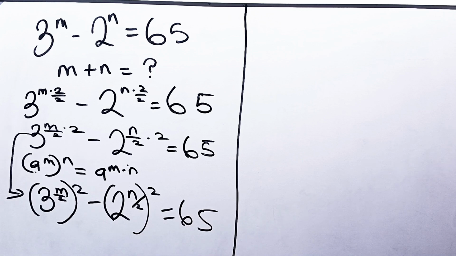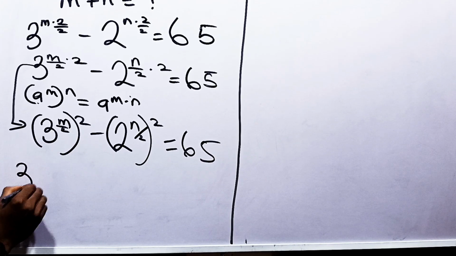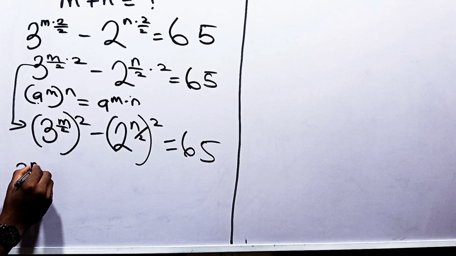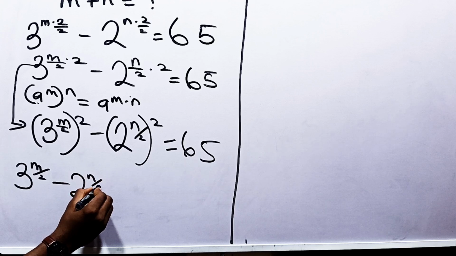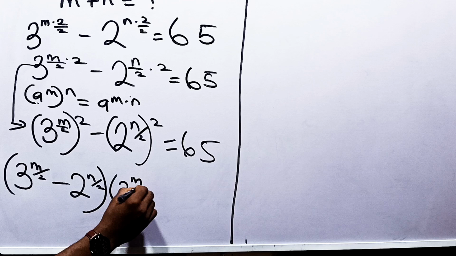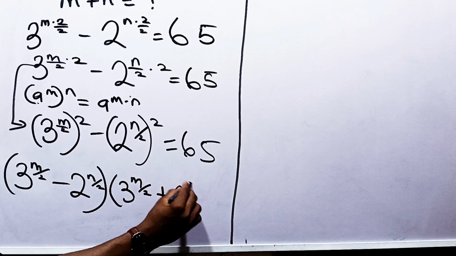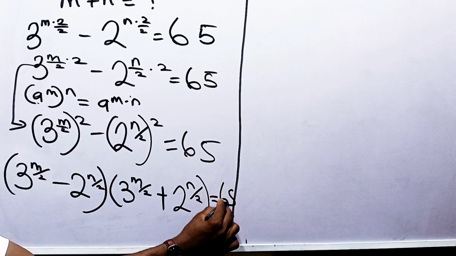Now from here, this is a difference of two squares. So we have 3 raised to power m over 2 minus 2 raised to power n over 2 multiplied by 3 raised to power m over 2 plus 2 raised to power n over 2 is equal to 65.